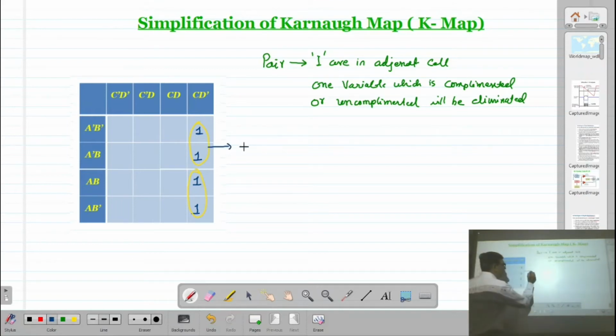Correct? So for this pair, if I will write the expression, then Y is equal to, so what will be this expression? A prime, B prime, C and D prime. Correct? Then for this, okay, directly we will write what is the expression for the pair.